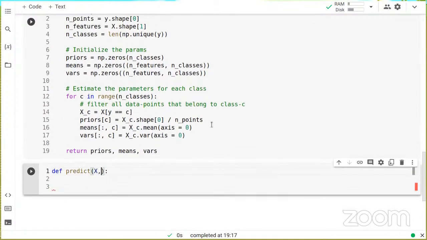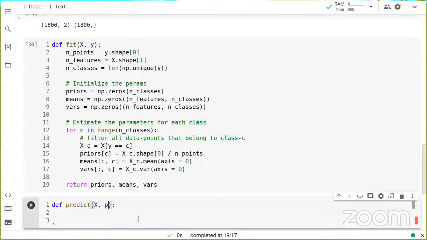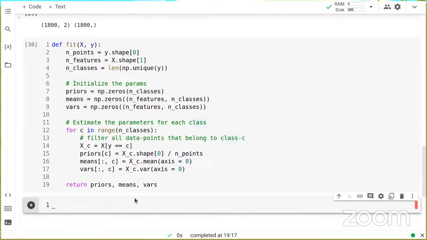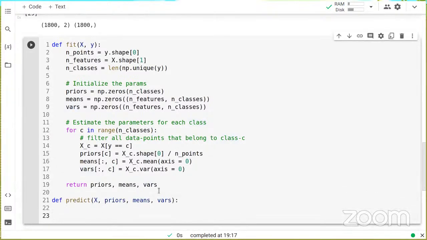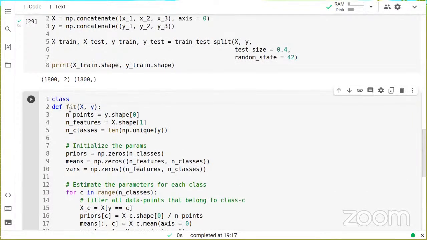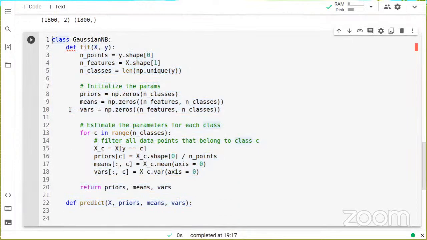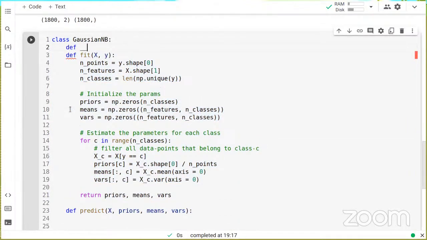From the priors. Okay, we need the priors for prediction for sure. Mean and variance. Okay, so we also need the means and the variances. Since we have been using classes in the code, let's draw up a class.